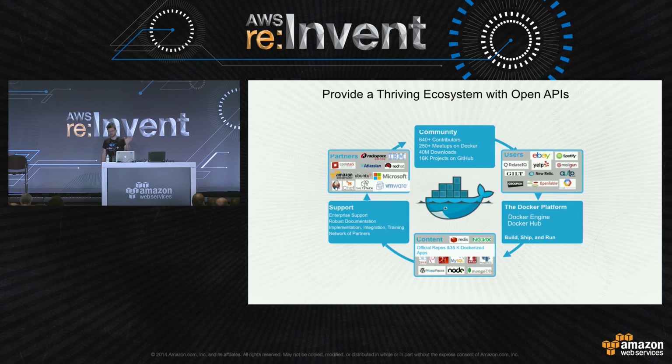And this is just an illustration of how all the different aspects of everything feed into each other and continue to move on, right? So there's the Docker platform of Engine and Hub. Engine is the actual open source binary that you interact with on the command line, and Hub is the software as a service component where all of the standard images live, and mostly that's where you push and pull from.